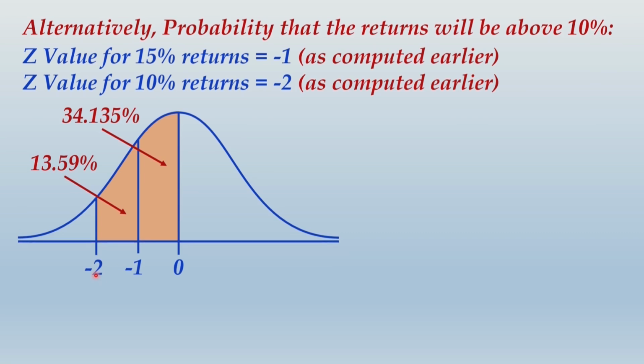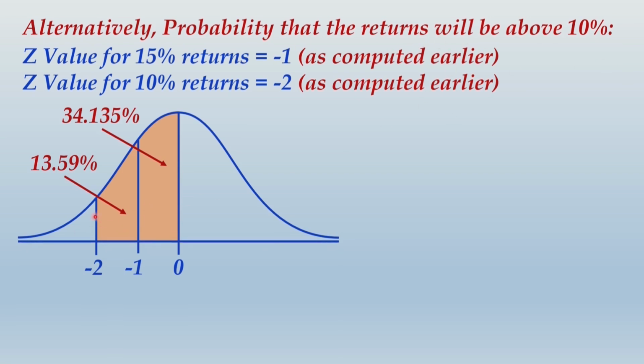Above 10% means the whole area up to the extreme right, correct, is above 10%. So from Z equal to -2 to extreme left, if you go, it will be the probability of returns up to 10%, that is returns of 10% or less, but we want above 10%.